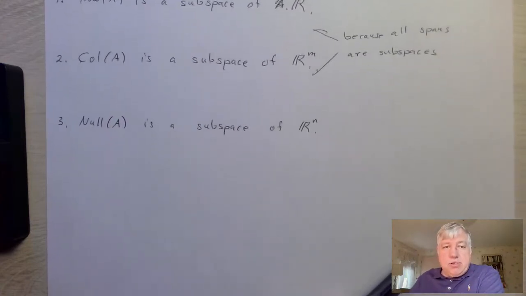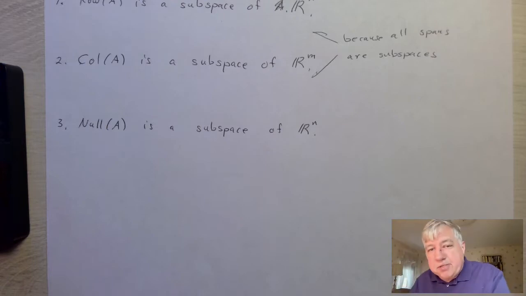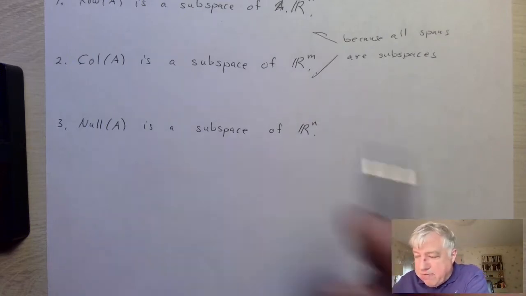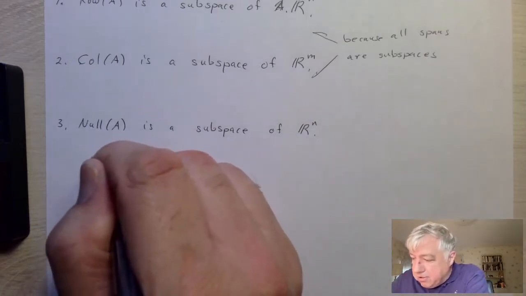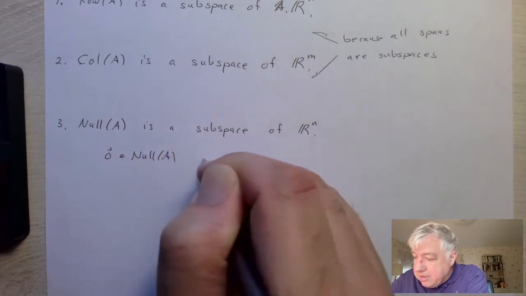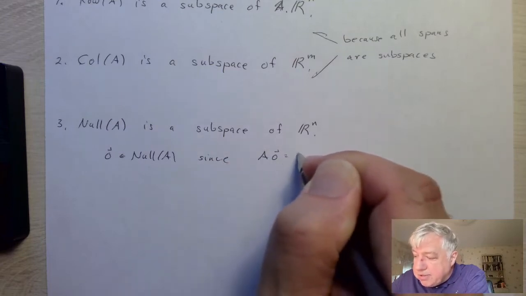And now we're going to prove that the null space is in fact a subspace of Rn. Remember the three things we need to check. We need to check that the zero vector is in here. Clearly 0 is in the null space, since I think we can agree that A times 0 is 0.